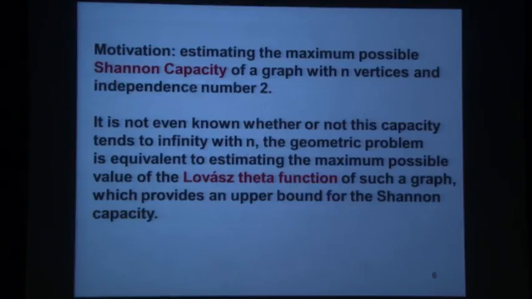One way to think about it is to try to estimate the maximum possible value of what is called the Lovász theta function of such a graph, because the Lovász theta function is some geometrically defined quantity that gives an upper bound for the Shannon capacity. So it's a related question to the maximum possible Shannon capacity, and it's essentially equivalent to the questions that I mentioned. Although it's not exactly the same f of n, there is some translation between one and another.